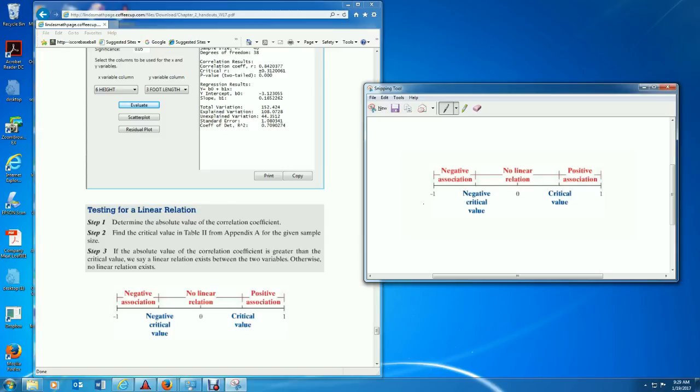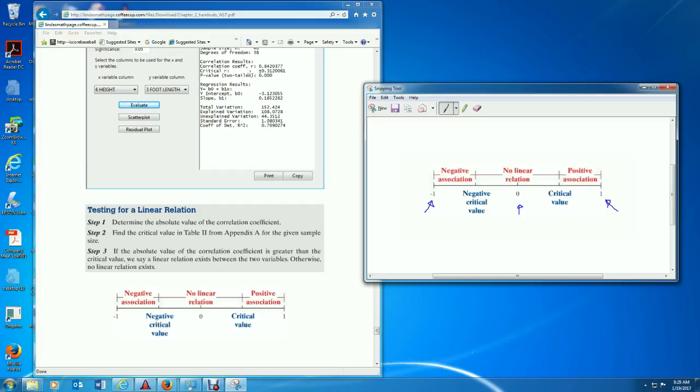Like we said, if R is -1 or +1, that is a perfect linear correlation. Okay? If R is 0, that's just totally scattered data. No linear relation at all.